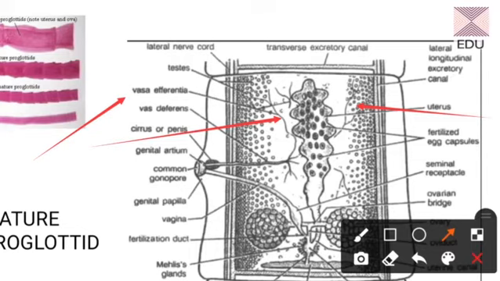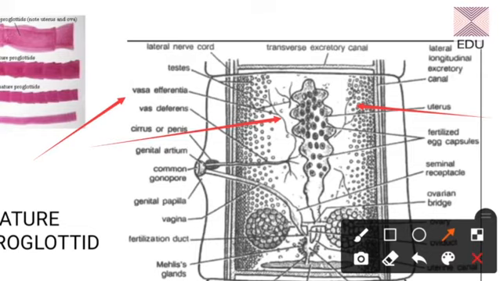Vasa efferentia is the plural, and a single duct is a vas efferens. We have numerous vasa efferentia.